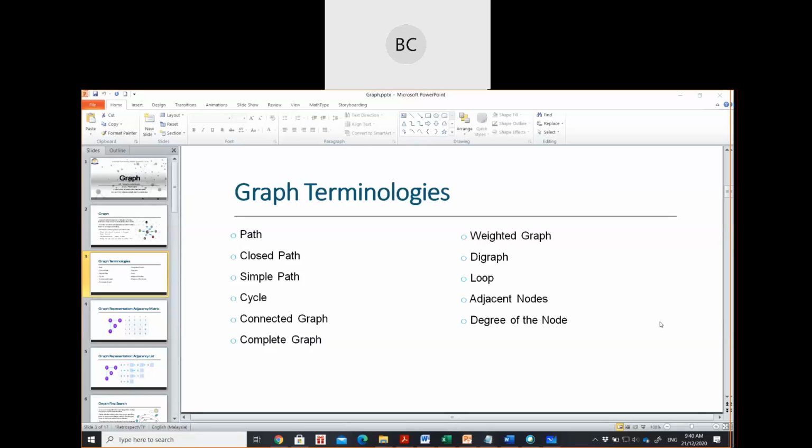Yes, correct. If you see an arrow in a graph, that graph is a directed graph. But if you don't see any pointed arrow, just a normal edge, then it is an undirected graph. For a directed graph there will be arrows, and for an undirected graph, just simple edges.